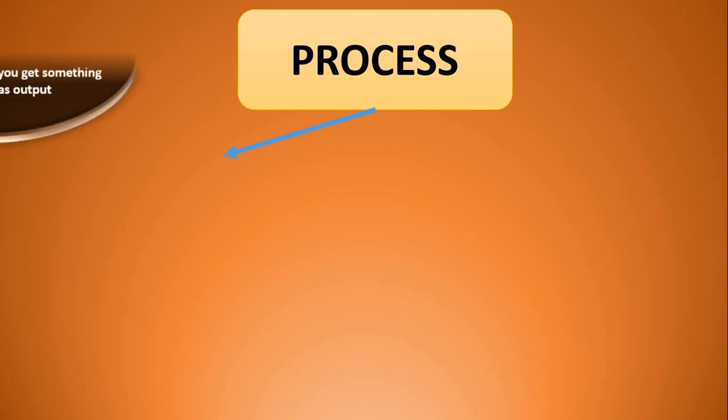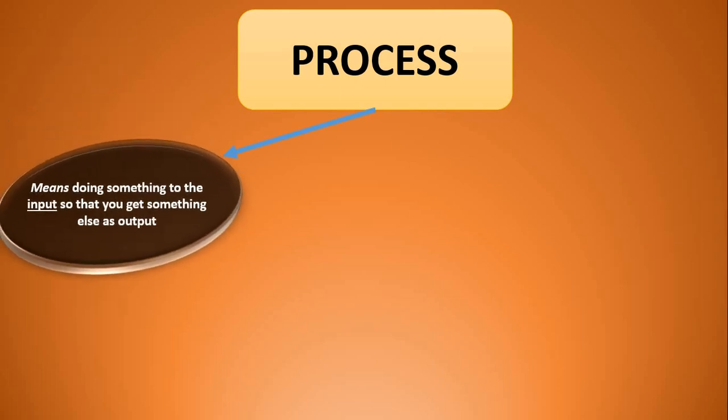The second step in the IPO principle is process. Process means to do something to the input so that you get something else as an output. That is, even in the example we saw that we got the ingredients, we processed the ingredients and at the end we got a result.